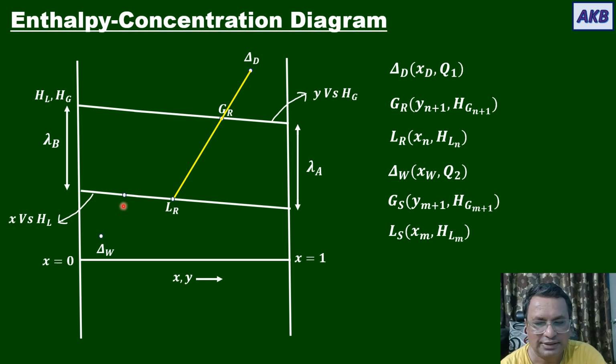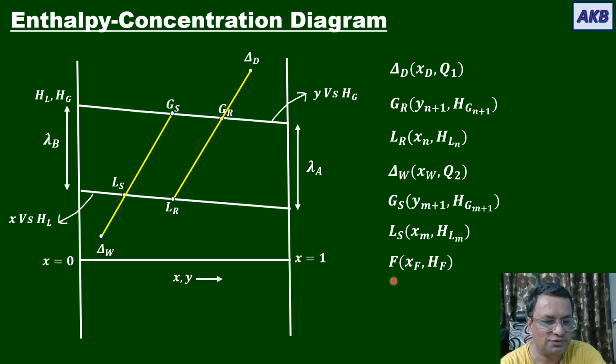Point LS will be lying on the lower curve. And if you draw a straight line through delta W and LS, it will meet the upper curve at the point GS, which has coordinates ym+1, Hgm+1. Okay, so in this way, these 3 points are represented on the enthalpy concentration diagram.